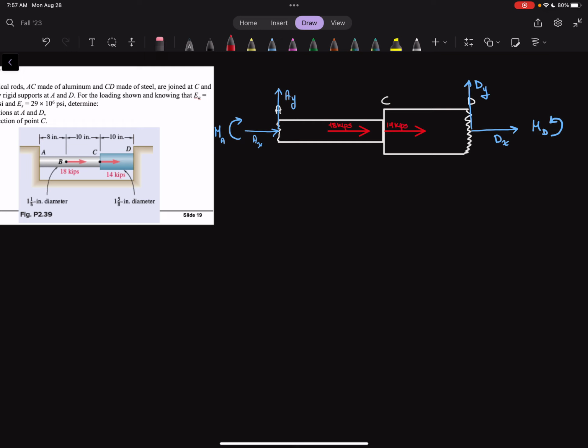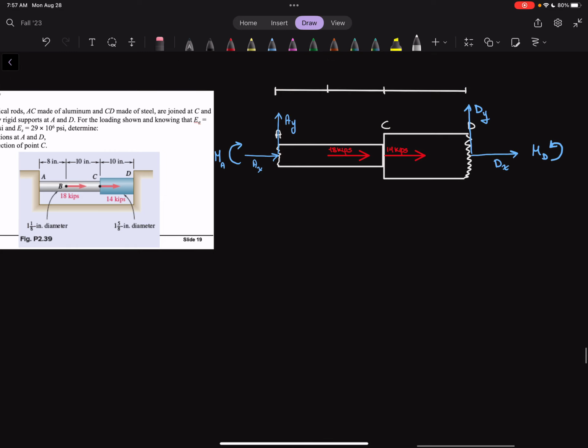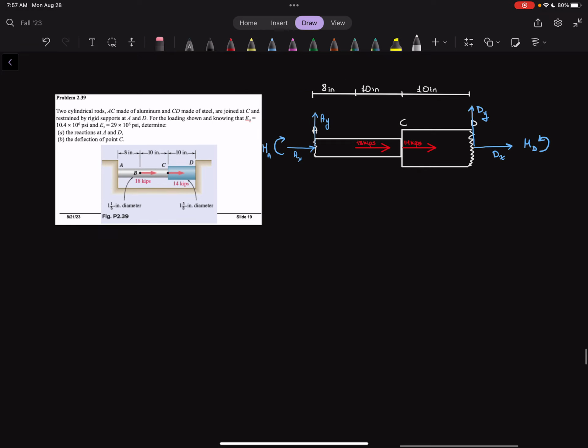Right. Now, we have a couple more things to do. We've got to put our dimensions in, so we'll do that. We have a dimension here, here, here, and here. This is 8 inches. This is 10 inches. And this is also 10 inches.